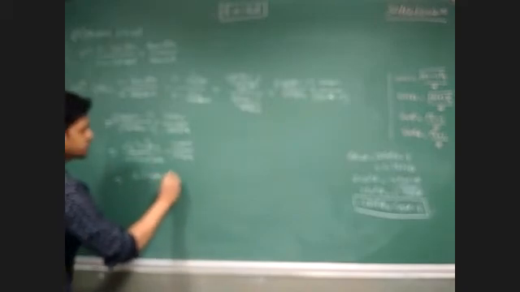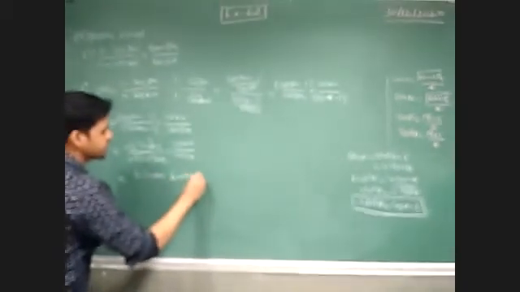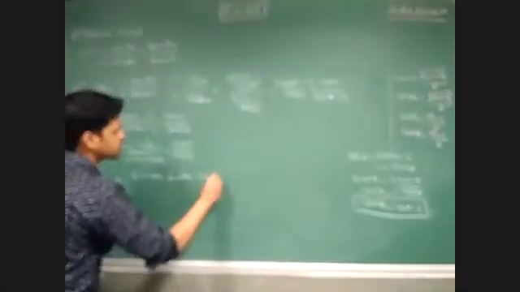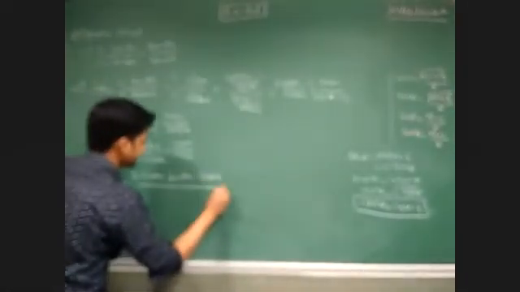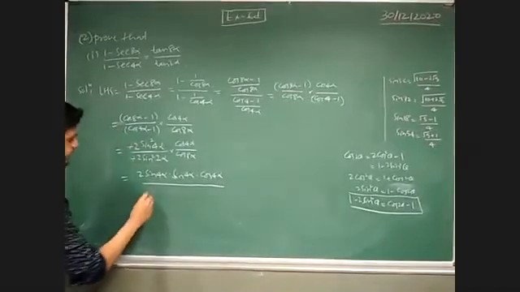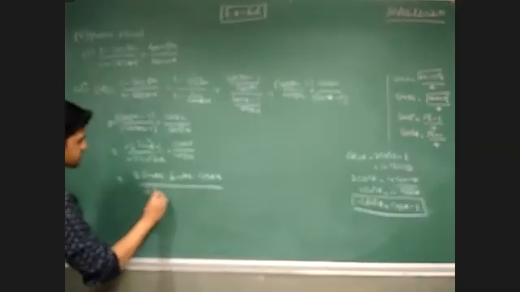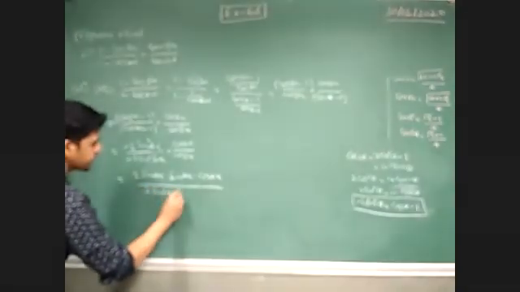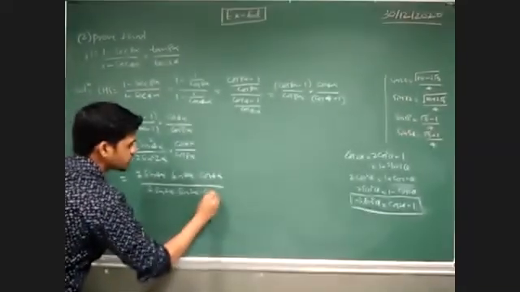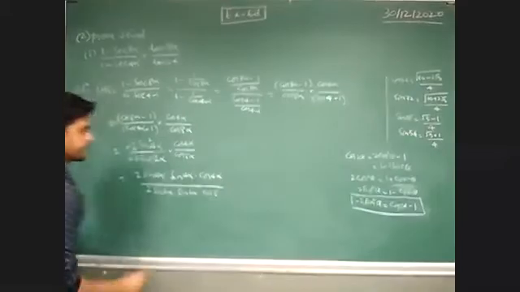Now see, I have 2 sine 4 alpha into sine 4 alpha into cos 4 alpha, and here we have 2 sine 2 alpha into sine 2 alpha into cos 8 alpha.